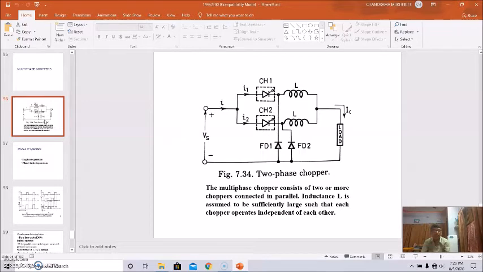The inductance L is assumed to be sufficiently large such that each chopper operates independently of the others. This is a circuit diagram of a two-phase chopper. Basically, these are two choppers connected in parallel with the load.